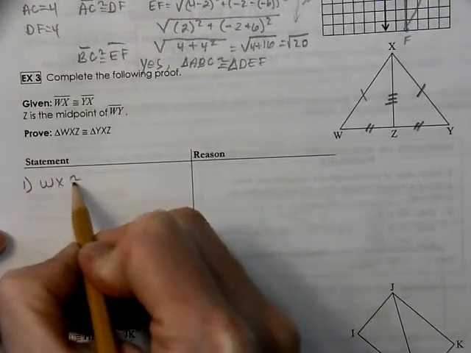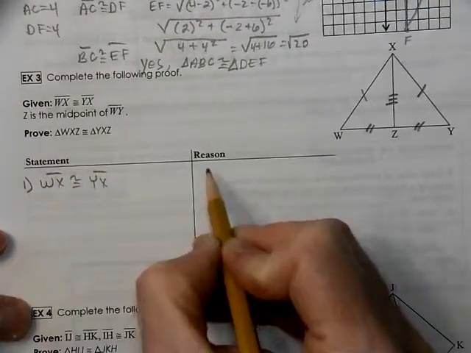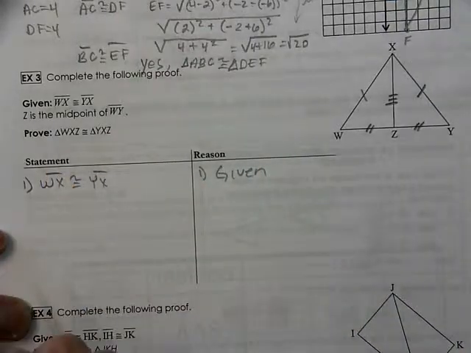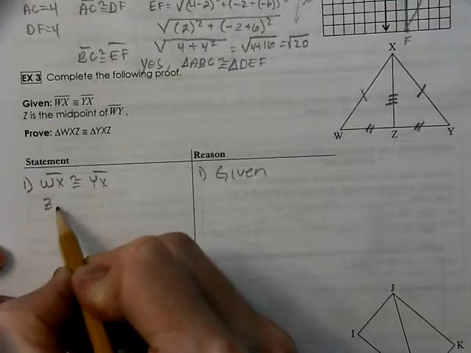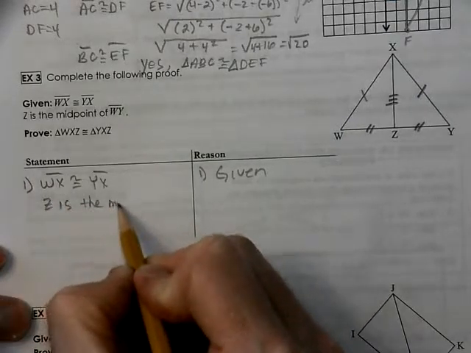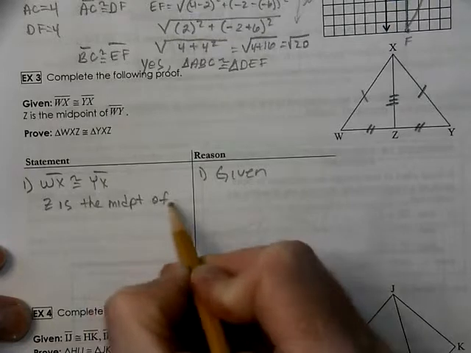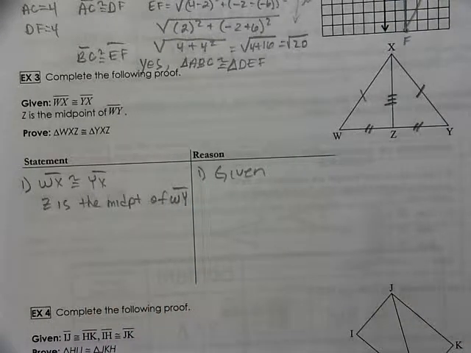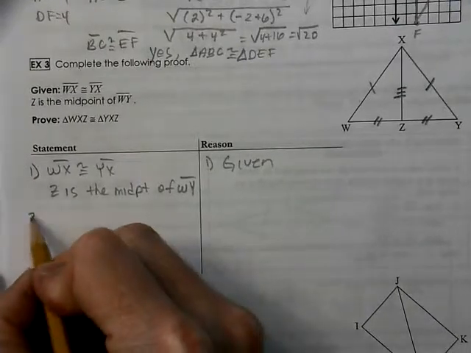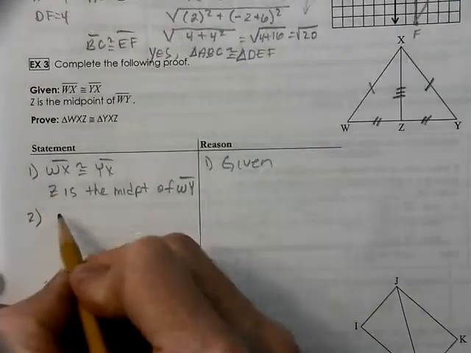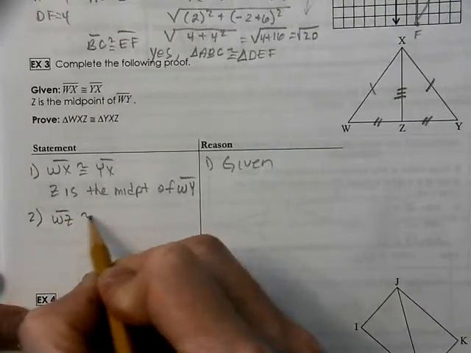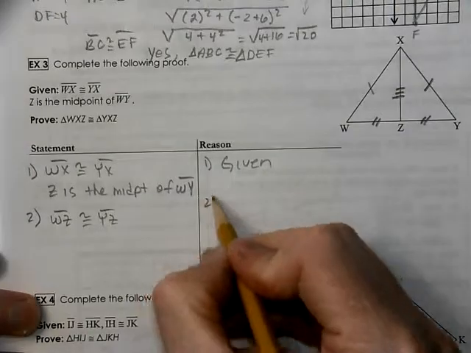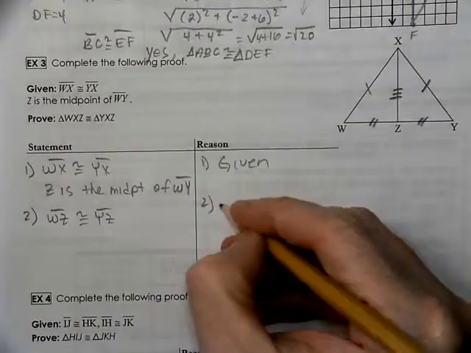So we're starting with our given information. Those are our segments. We also know that Z is the midpoint of YW. That's also part of our given. From our midpoint, now we can state that WZ is congruent to YZ. How can we come to that conclusion?